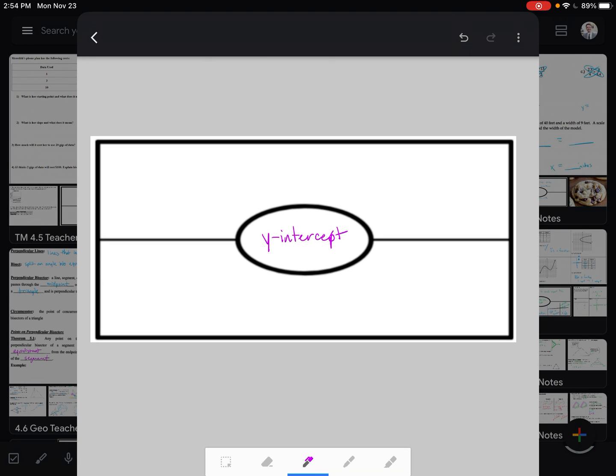So we're going to define this first. This is the point where the graph crosses the y-axis.